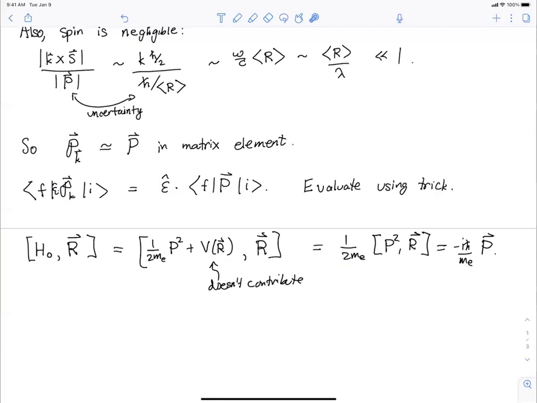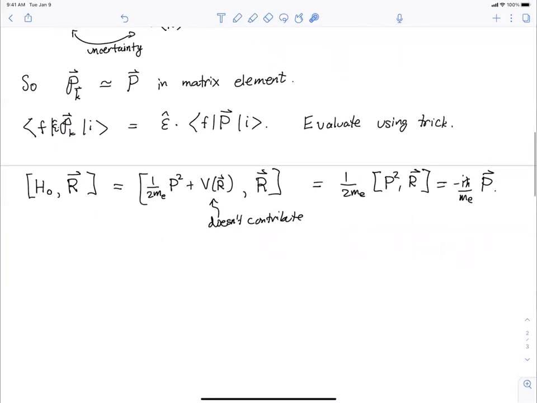Is that your question? I thought when you pull it out, it's being multiplied by both the P squared and the R. No, so it's only included once. If I put it on both, then I would have that number squared. Okay, thank you.